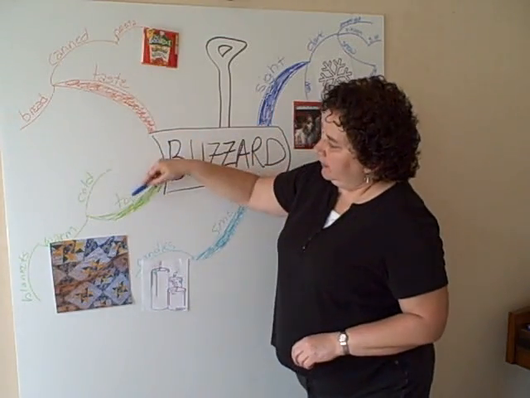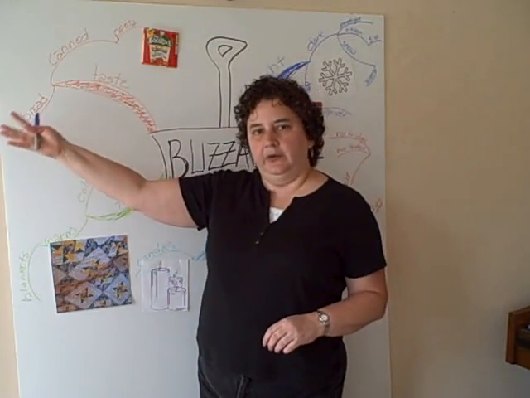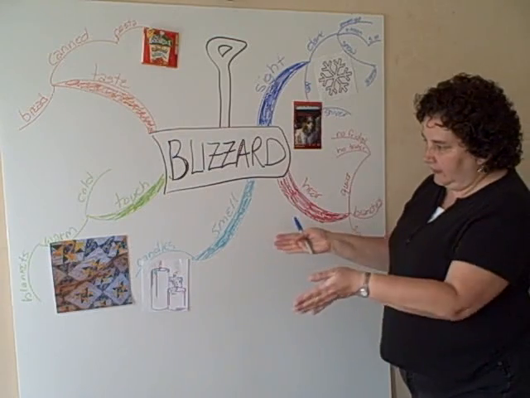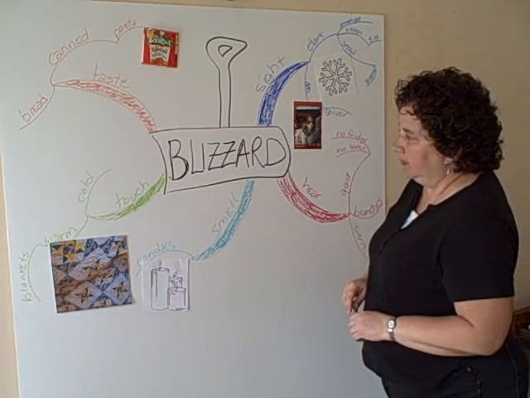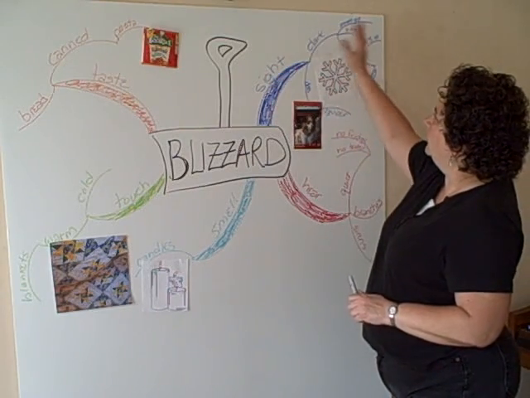I'm only using one word per branch, if you notice that. That's another one of the principles that Tony Buzan in the Mind Map book talks about. That way you can see just at a glance what you want to remember. So the curved branches, showing hierarchy, one word per branch.